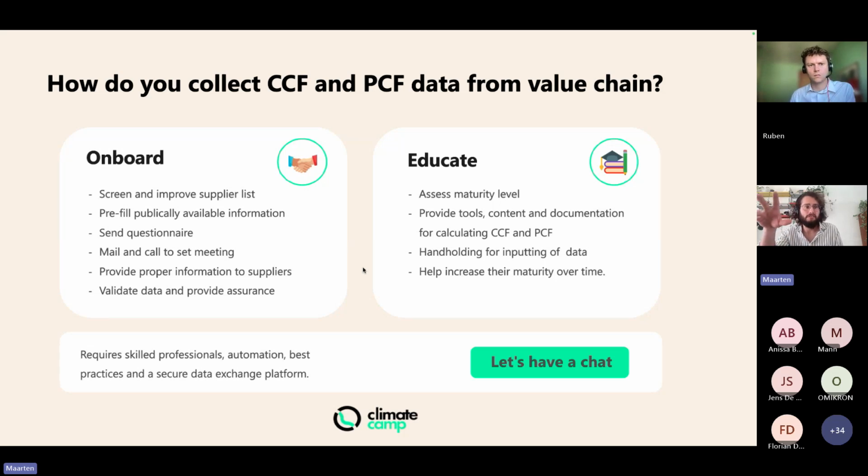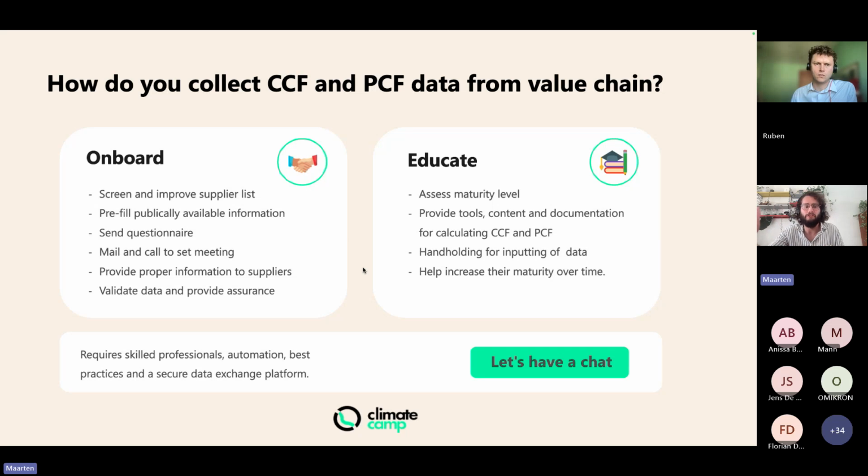Now, this entire process requires skilled professionals, automation, best practices, and a secure data exchange platform. This is not only to sell ClimateCamp or to convince you why ClimateCamp is really good at this, but it takes a lot more than people often think. We have talked to dozens of different companies who say, oh, we've started this process, we think we can handle it ourselves. And then 3 people answer the questionnaire, and that's all the PCF or CCF data they receive.